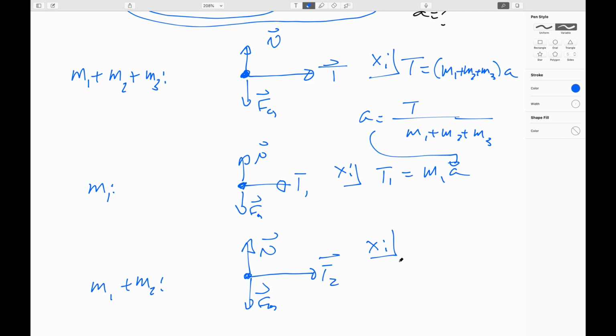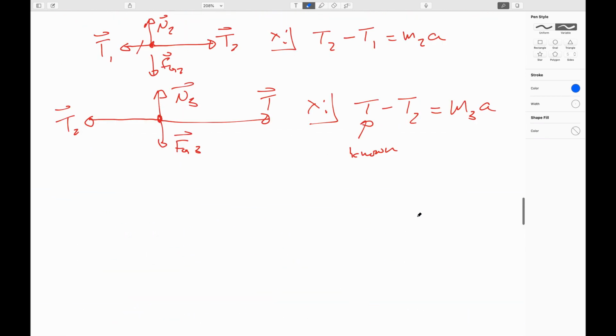So taking Newton's second law in the x direction, the only force acting is T2, and it's equal to M1 plus M2 times A, because that's the mass of the composite thing. And I can take that same solution for A that I got before and stick it in there.